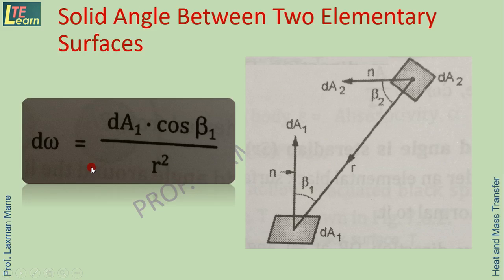So the solid angle between these two is determined by using this formula: d omega is equal to dA1 into cos beta 1 divided by R square.